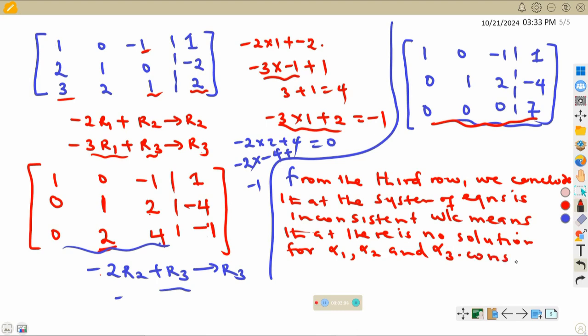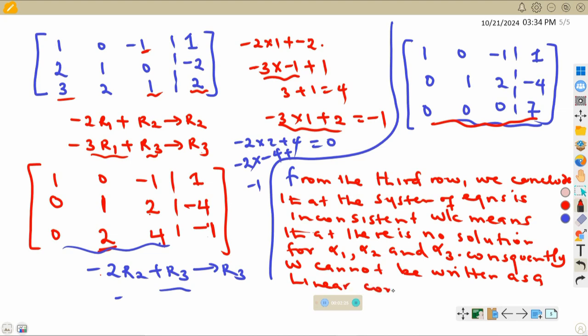Consequently, we can say W cannot be written as a linear combination of U1, U2, and U3.